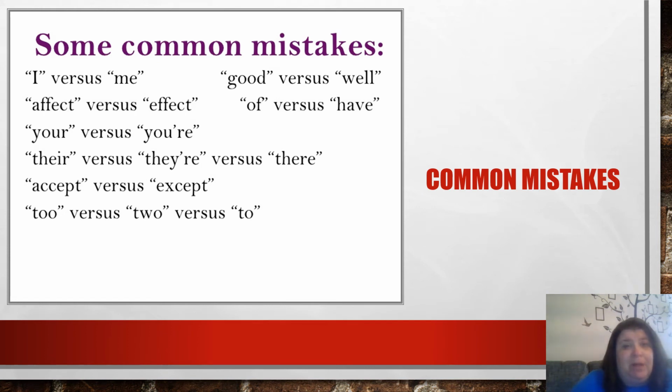Some of the most common mistakes are using words like "I" when you're supposed to be using "me," the words affect versus effect, "your" and "you're," "there," "their," and "they're." We're talking about really those homonyms that we did a lesson on last week. And then words like "good" versus "well" and "of" versus "have."